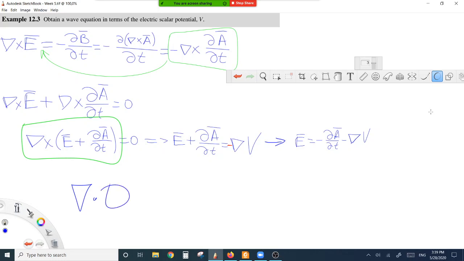It says that the divergence of electric flux density is equal to the volumetric charge density.